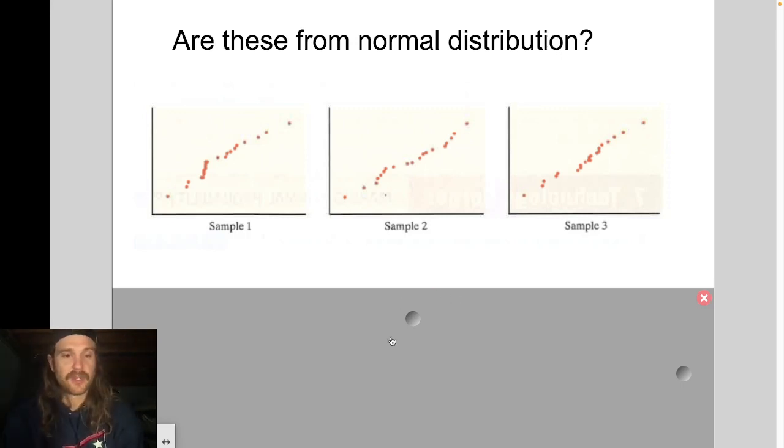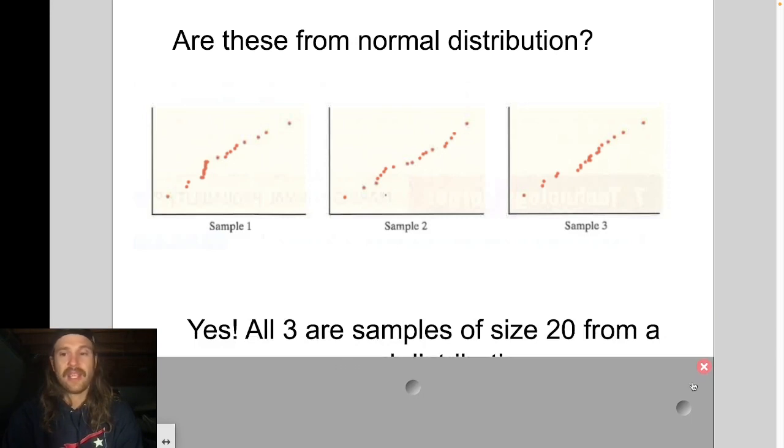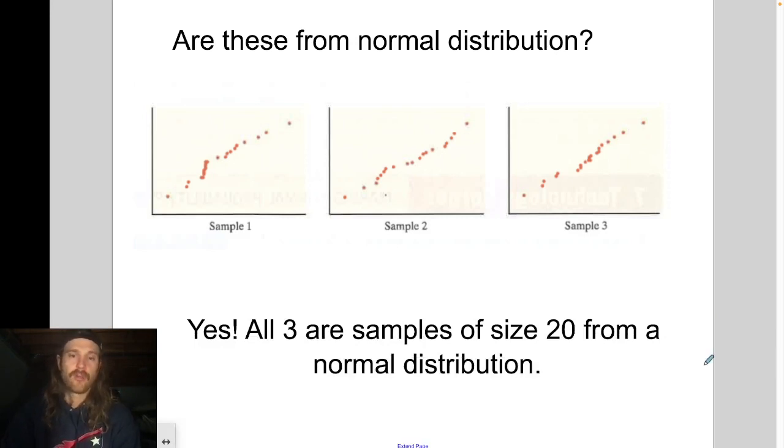So it turns out all three of these are from a normal distribution. How they were created is we took a normal distribution of data and we randomly selected 20 items from that distribution. All of these are from a perfectly normal distribution.